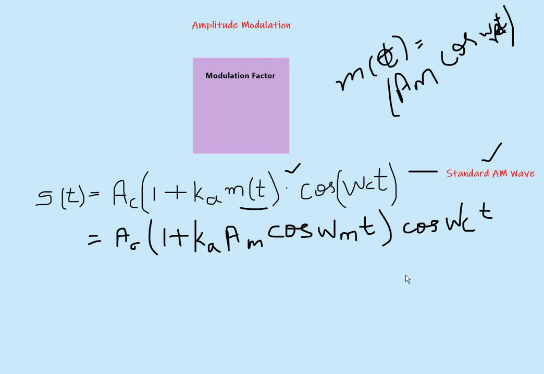This is the equation that you will get. Now, this value ka into Am is called mu. So we have Ac into 1 plus mu cos omega mt, whole into cos omega ct.